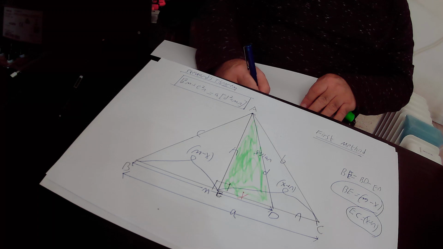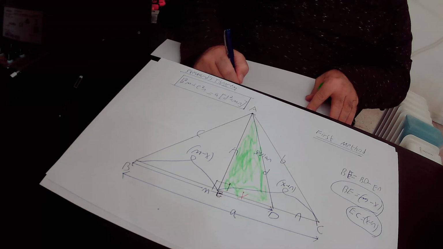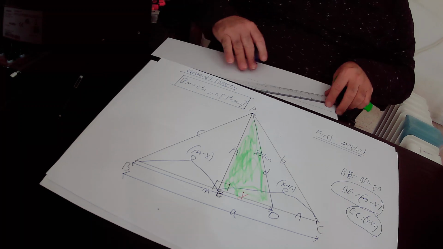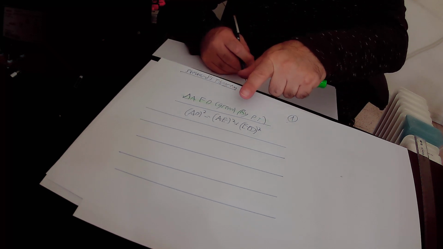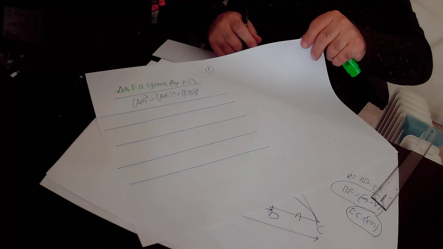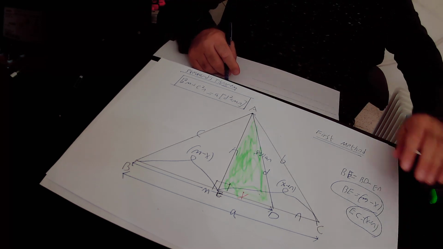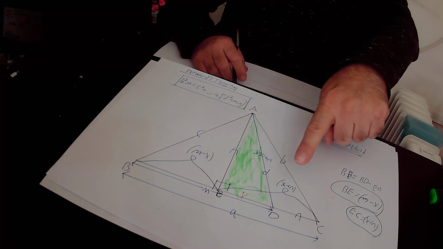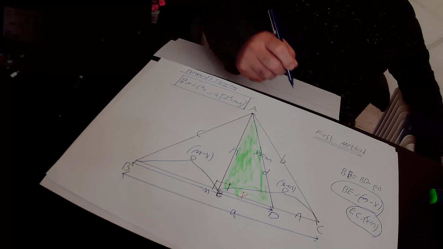Repeat again, according to the Pythagoras theorem, in the right green triangle AED, AD squared equals AE squared plus ED squared. Here PT is the representation for Pythagoras theorem. AD equals D units, therefore AD squared equals D squared, and it is equal to AE squared.